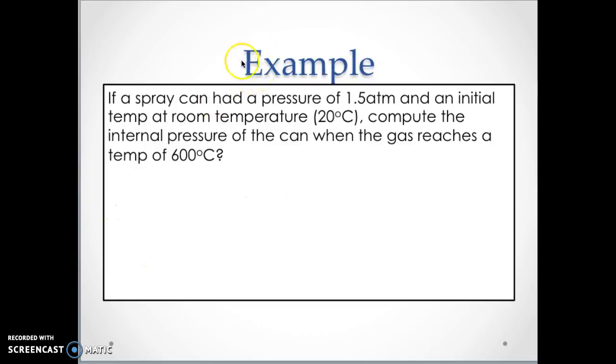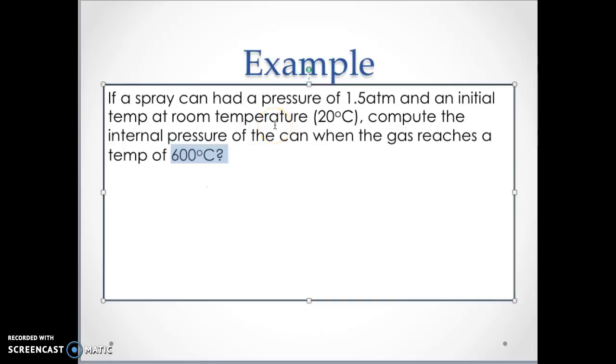So this first example right here says you have a spray can with this pressure and an initial temperature at this. Compute the internal pressure when the gas reaches a temperature that's much higher.